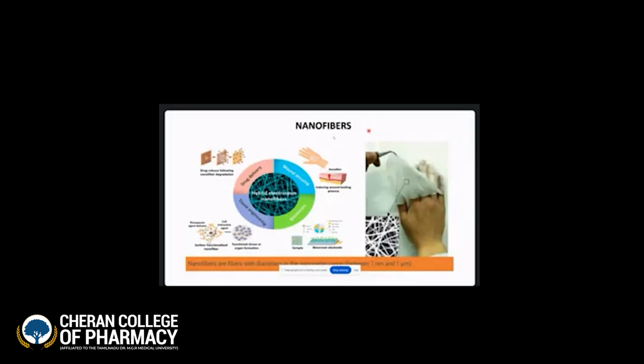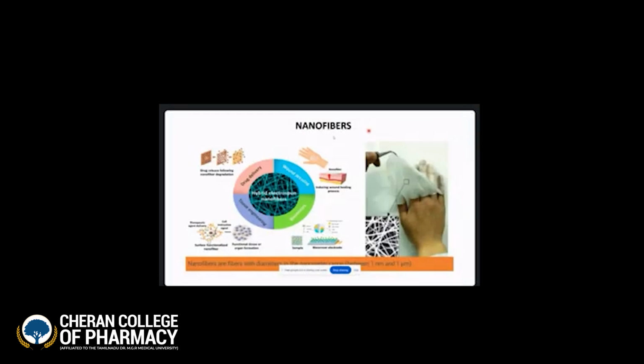nanofiber. As I said, we use a polymer to mix with the drugs. We use natural sources, and we use synthetic sources as well, depending upon your aim. Sometimes some polymers also show wound healing activity, and some show antibacterial activity.